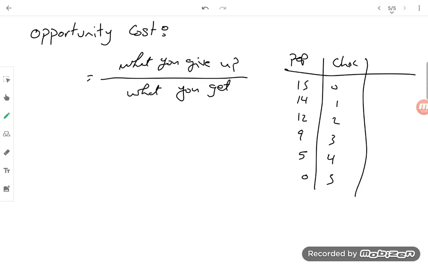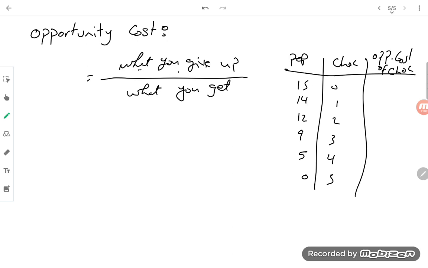If you are going to increase production from 2 to 3, what is the opportunity cost of increasing production of a chocolate by 1 unit? So now let's calculate the opportunity cost of a chocolate. Opportunity cost of a chocolate means opportunity cost of increasing production of a chocolate. As we said, it's calculated as what you give up over what you get.